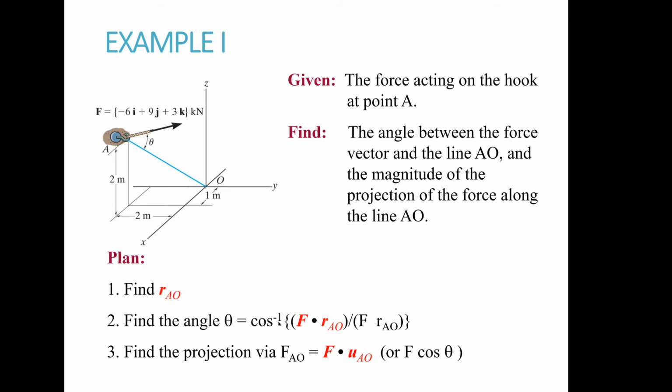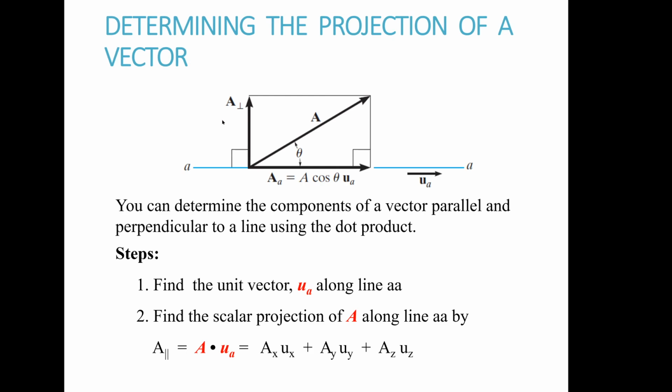And if it makes any sense, this essentially is that vector F, right? Dotting it between the two, if we go back a few slides and look at how we defined this, we found the scalar projection.